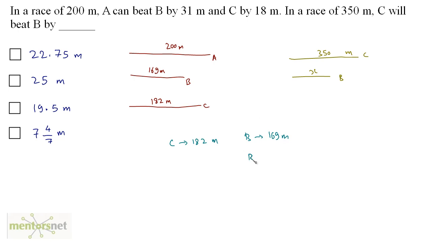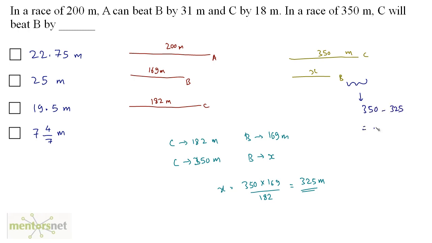We have to find how much distance B travels if C travels 350 meters. X is equal to 350 times 169 divided by 182, and that will be equal to 325 meters. So by how much distance will C beat B? That will be 350 minus 325, which is equal to 25 meters. So C will beat B by 25 meters, and that's option B.